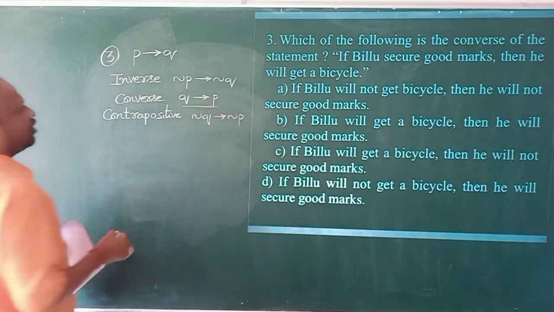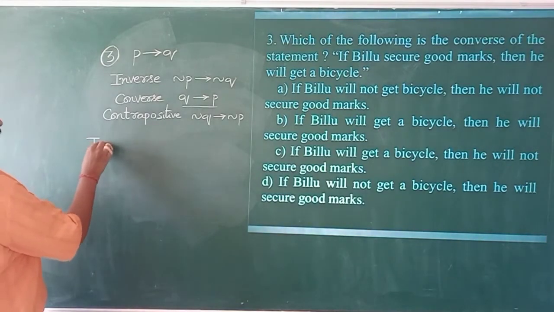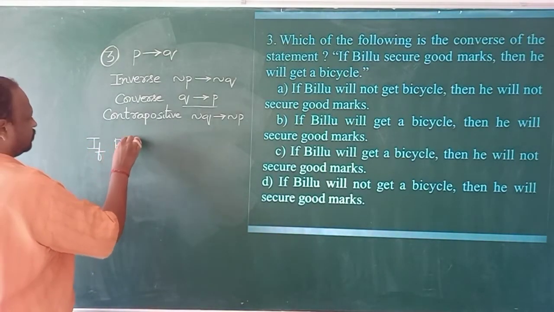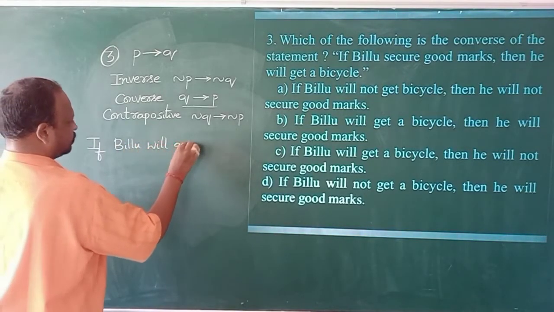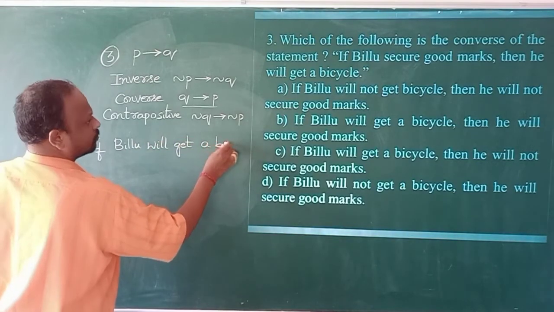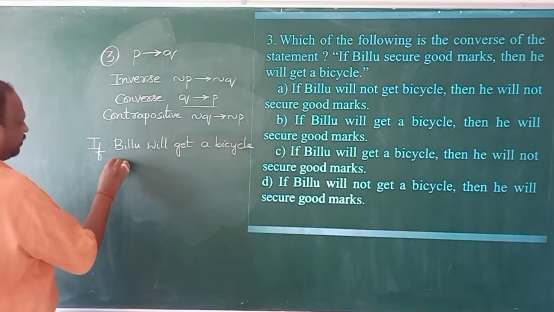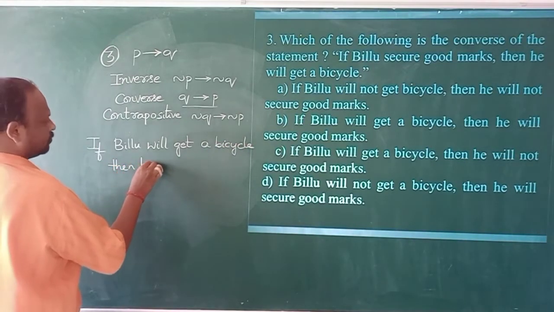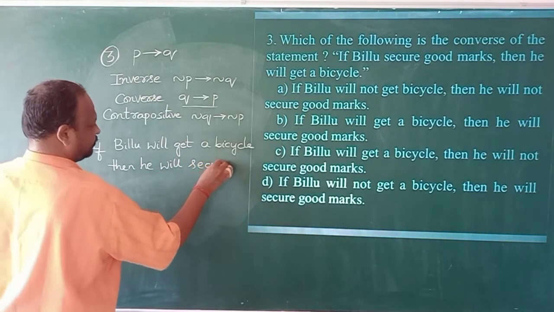So they are asking converse. Here the given statement is, if Billu secures good marks, then he will get a bicycle. So write the reverse: if Billu will get a bicycle, then he will secure good marks.